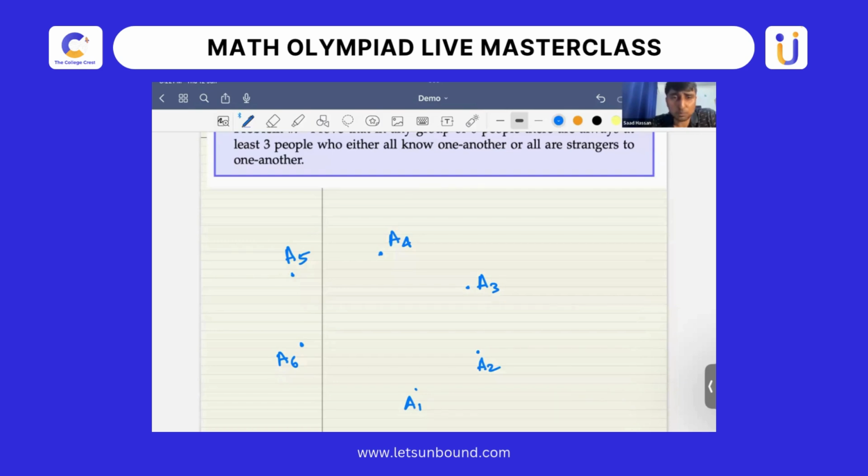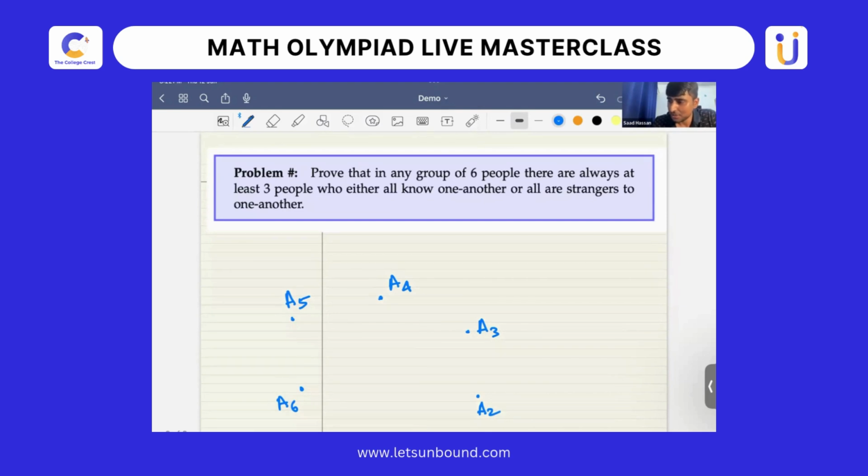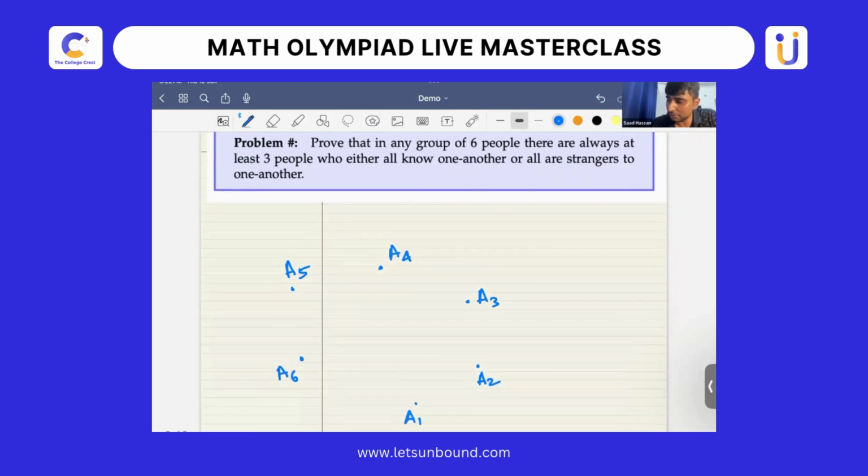Right. Now, do you agree that either two people are going to know each other, in which case they are acquaintances, or they're not going to know each other, in which case they are strangers? So I'm going to draw a blue line. If there's a blue line between two people, it means that these people in fact know each other.